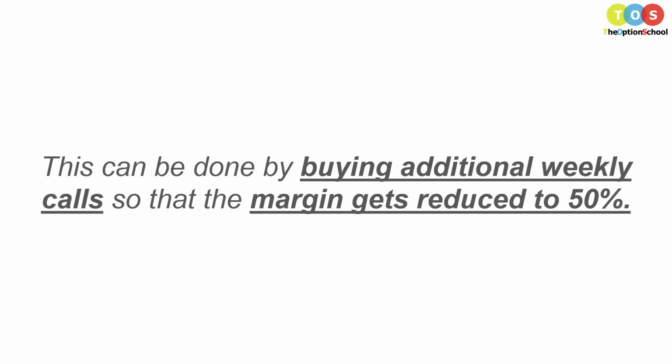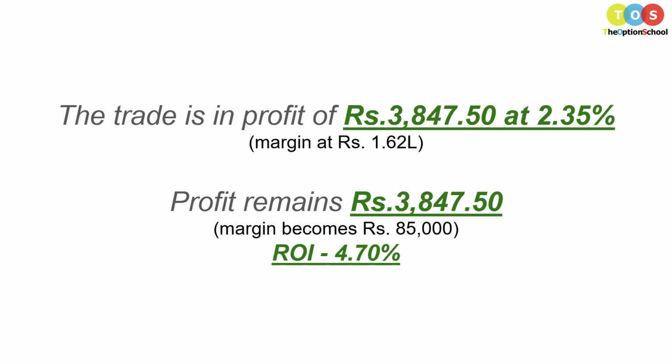This can be done by buying additional weekly calls of very little price and margin will get reduced to around 50%. We'll forego very little money in buying of those calls. So if our margin requirement gets reduced by 50%, definitely our ROI would increase to 4.7%. And this is happening when we have booked the whole trade in the half of the month, 15th of the month.